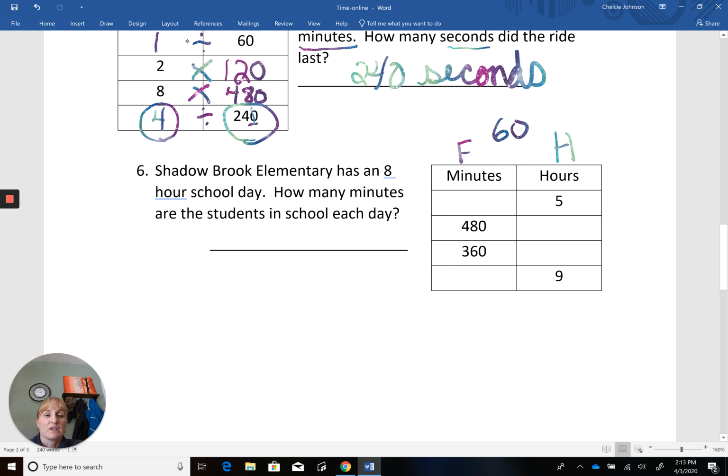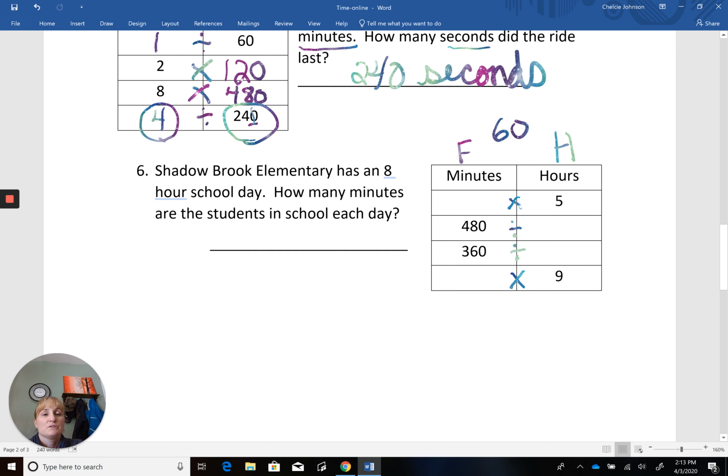Okay, so if they gave us the horse first, we go horse to fly, we multiply. And if I know I'm multiplying with that 5 on this column, I also know the 9 will be multiplying. Okay? Here I have the fly first. So fly to horse, we divide, of course.